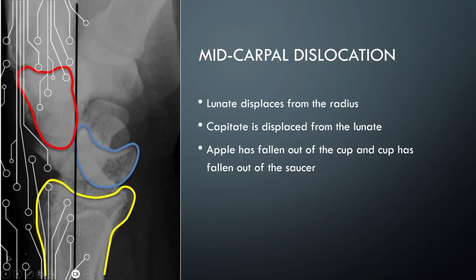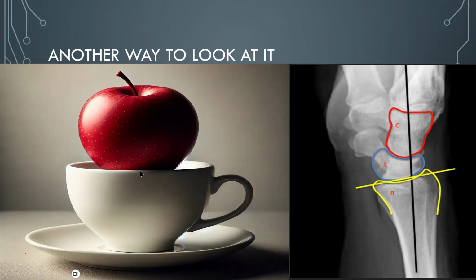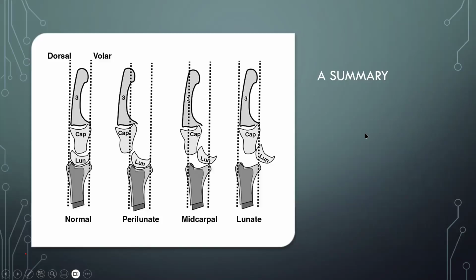But anyway, what we've got is that a mid-carpal dislocation is the apple falling out of the cup falling out of the saucer. Now, let's just look at a summary of these. So this is your normal. You have your radius, your lunate, and your capitate. So the apple sits in the cup, sits in the saucer.